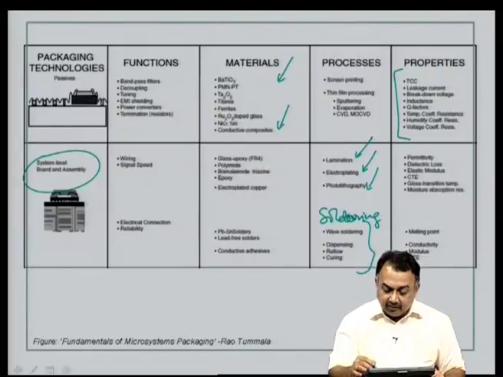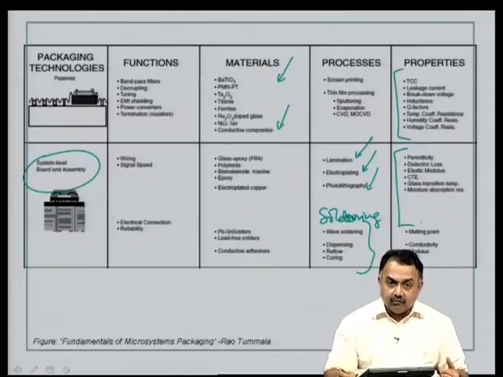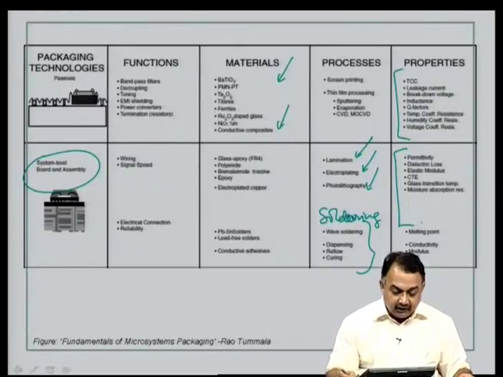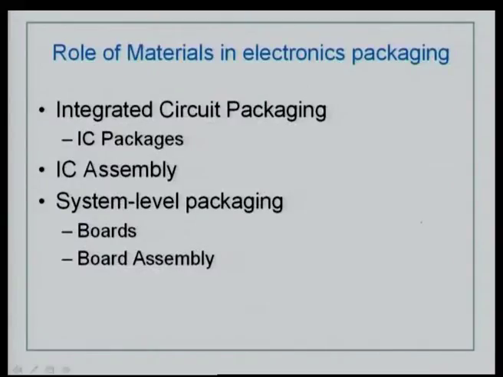And there are various properties of materials that we have seen, like dielectric constant, loss, elastic modulus, stress strain issues, CTE, moisture absorption, and so on. So, materials play a very key role in deciding the functionalities of products.